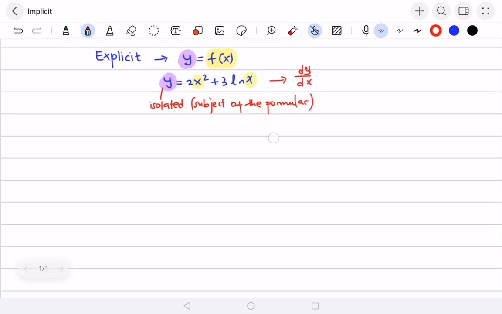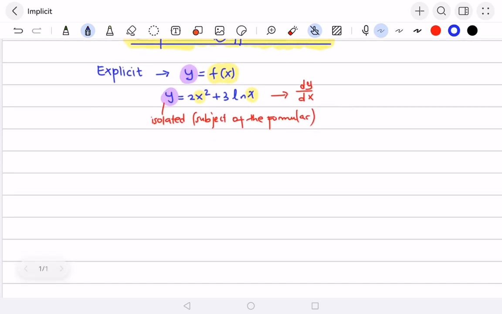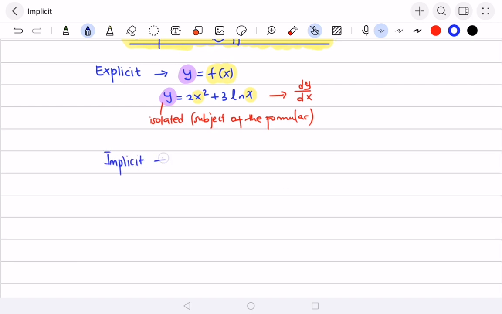However, when it comes to implicit functions, you have f of x and y equals 0, or you can have g of x and y equals h of x and y.